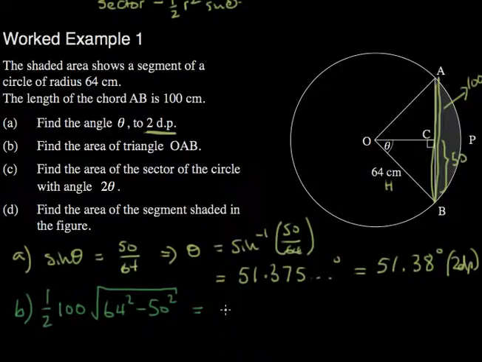But then by putting all that into a calculator, it's 50 times the square root of 64 squared minus 50 squared.